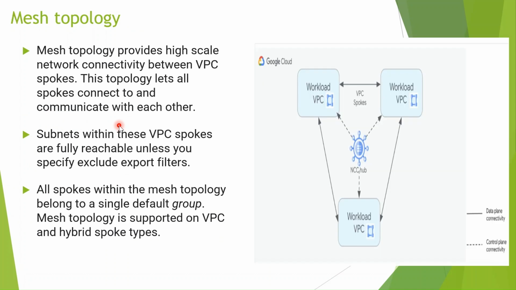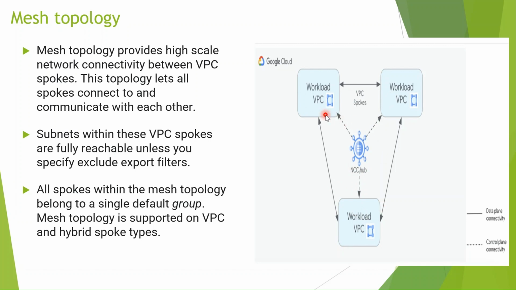So basically in the mesh topology, what will happen? It will provide high-scale network connectivity between VPC spokes, and this topology lets all spokes connect and communicate with each other. Suppose I have three VPC spokes here and a central NCC hub. All will export their routes to this NCC hub, and after that it will create and manage a route table, and that route table will be imported by each VPC to send traffic to each other.